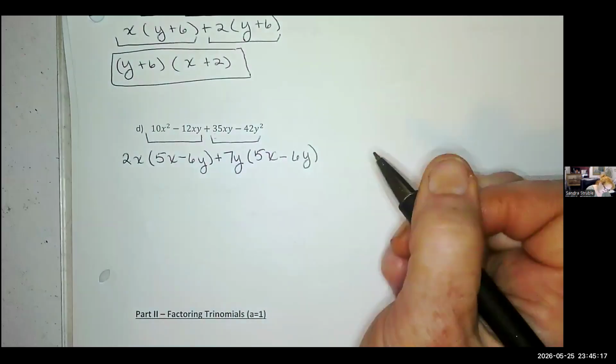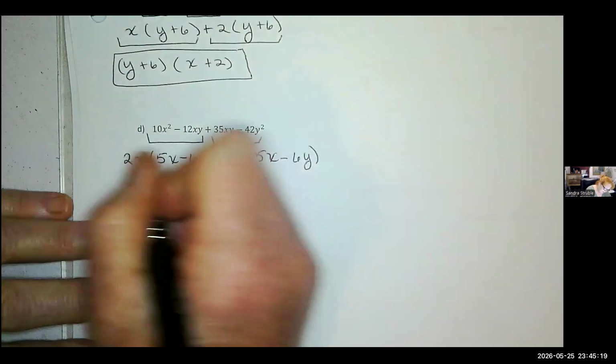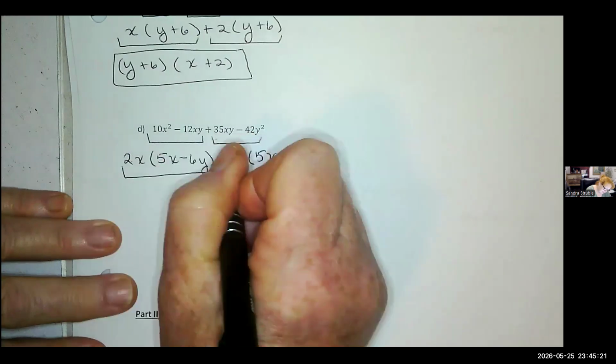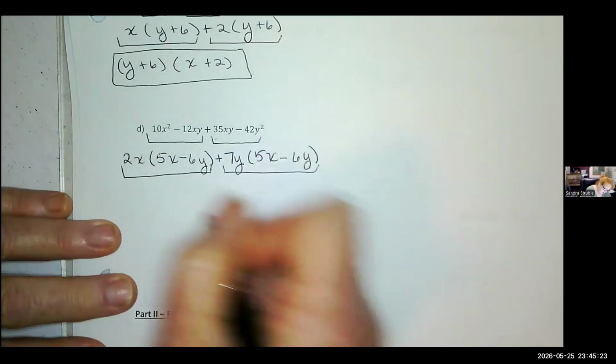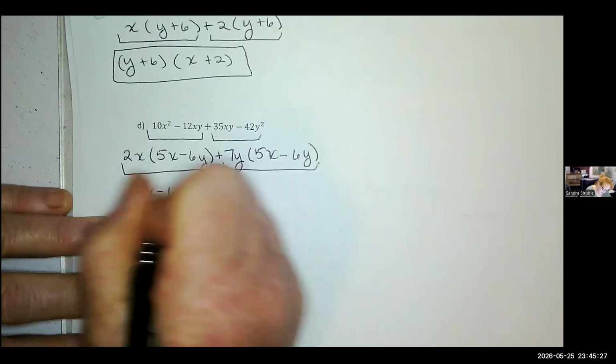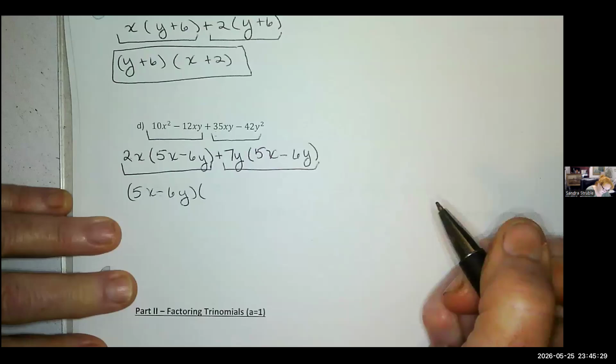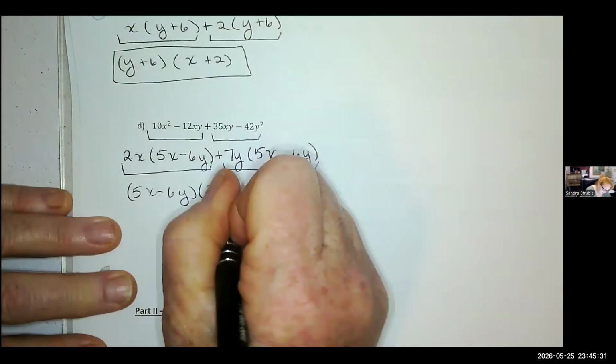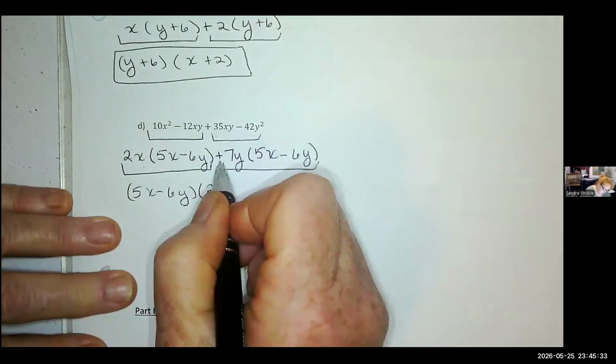Now, looking at these two terms, they have 5x minus 6y in common. And when I factor that out, I'm left with 2x from the first term plus 7y from the second term.